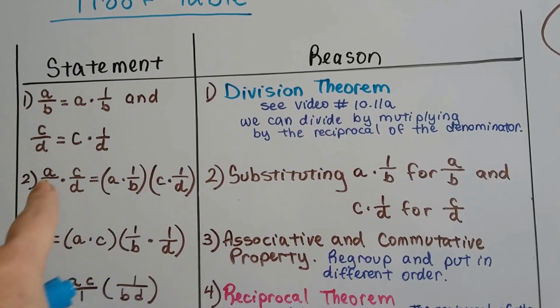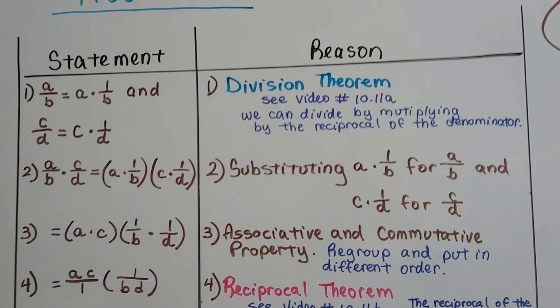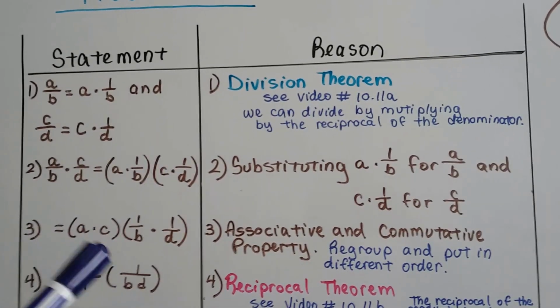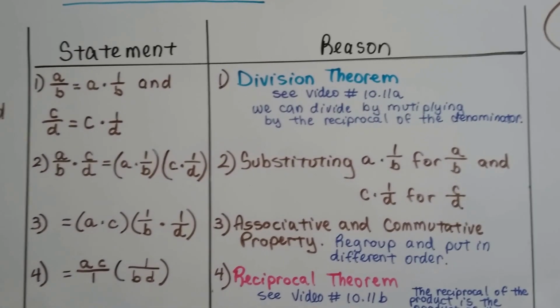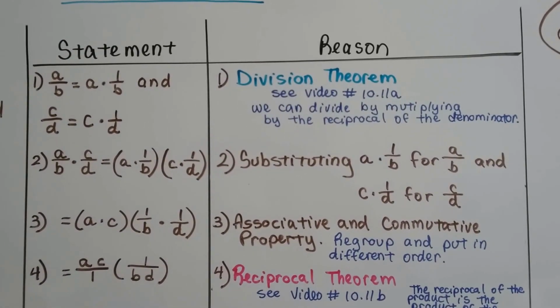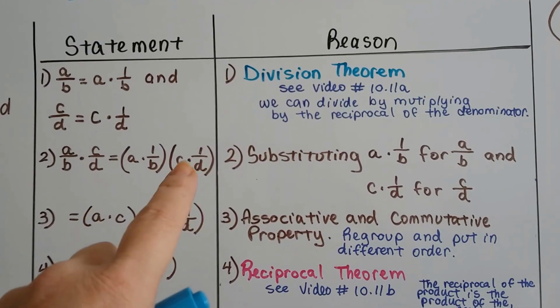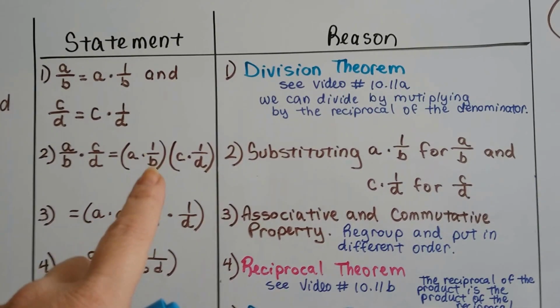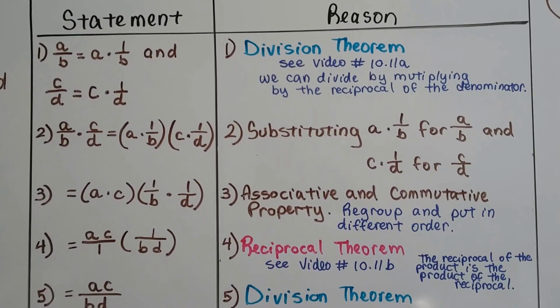So now this equation looks like this, and this equals this. By using the associative and commutative property, the associative property says that we can regroup, and the commutative property says we can put them in a different order. This a and c can be grouped together, and this 1 over b and 1 over d can be grouped together.